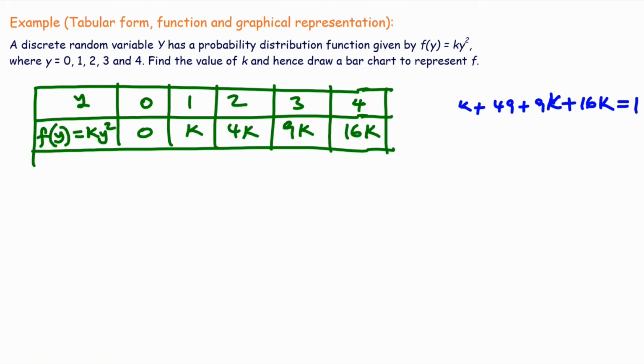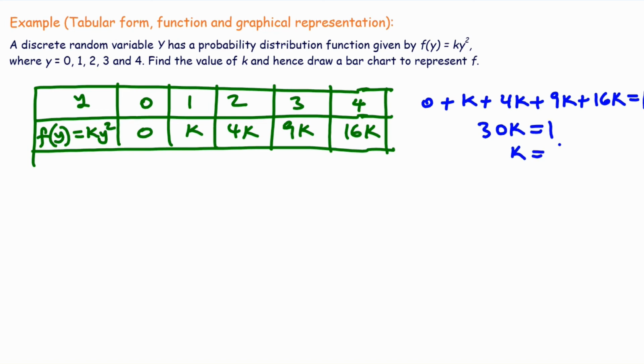Let me just write this again: 0 plus k plus 4k plus 9k plus 16k, this should be equal to 1. Now, if we add all these together, we end up with 30k. This equals 1, so k will be 1/30. So that means that k here is equal to 1/30.